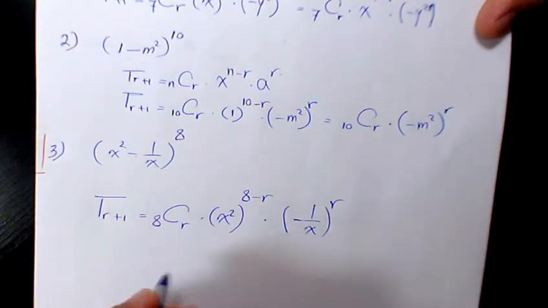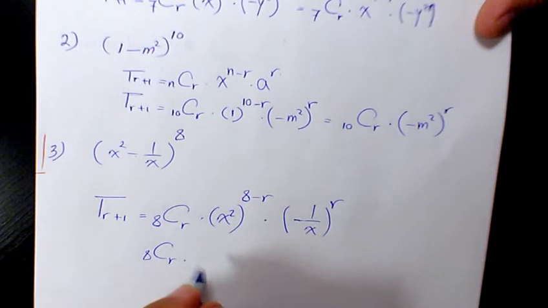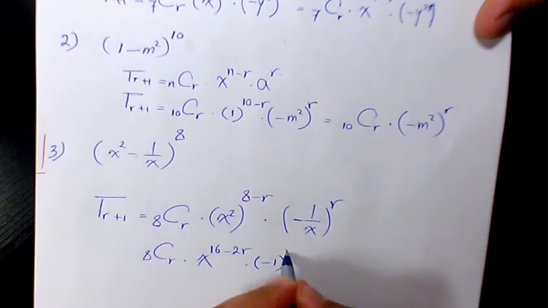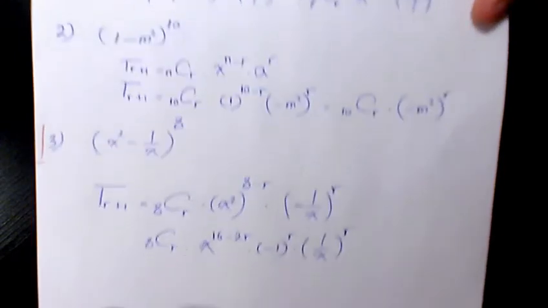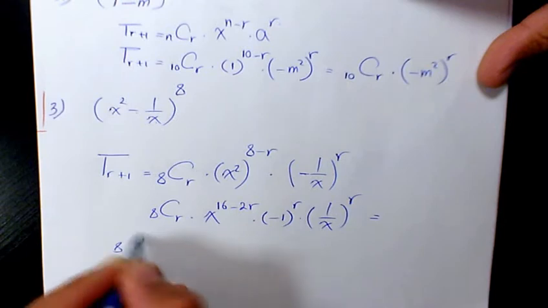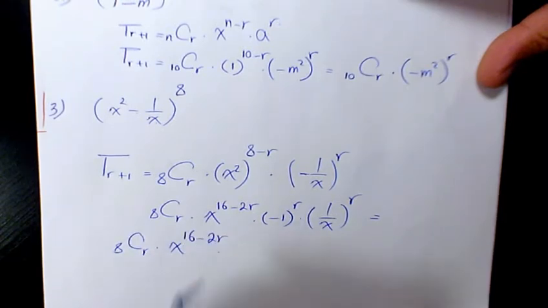So that's going to be 8Cr x^(16-2r) times (-1)^r times 1/x^r, which means that that's going to be equal to 8Cr x^(16-2r).